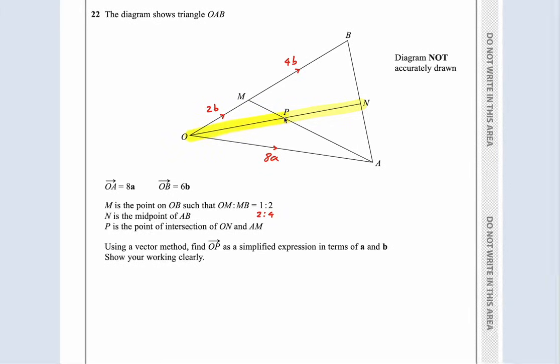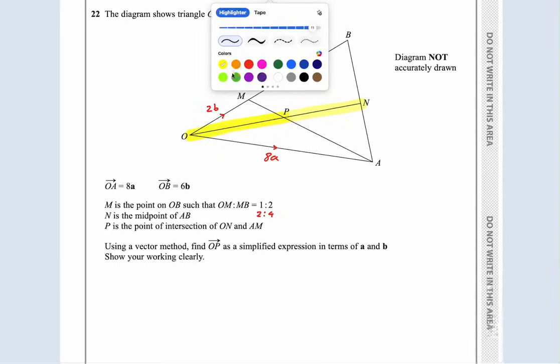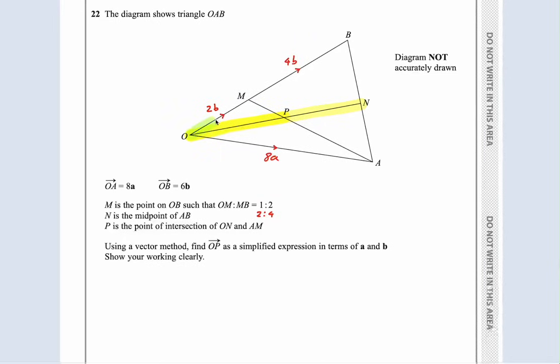The second way I'm going to get there is I'm going to go from O to M and M to P. Now similarly, MP will be some fraction of MA. I'm going to get from O to P in two different methods, and then I'm going to equate them, and that will get me OP.